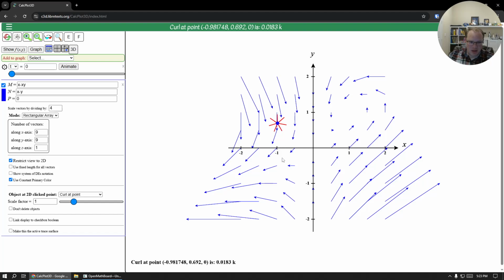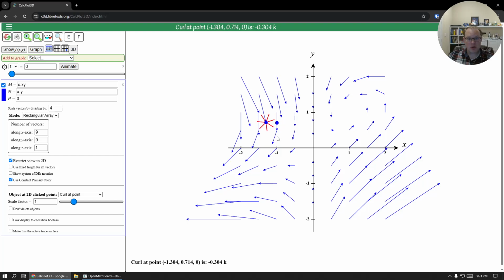Here, oh, if you look closely, it's rotating, but very, very slowly. The net rotation is very small here. Okay, but if I move a little over here, now it's moving clockwise. It's rotating clockwise.